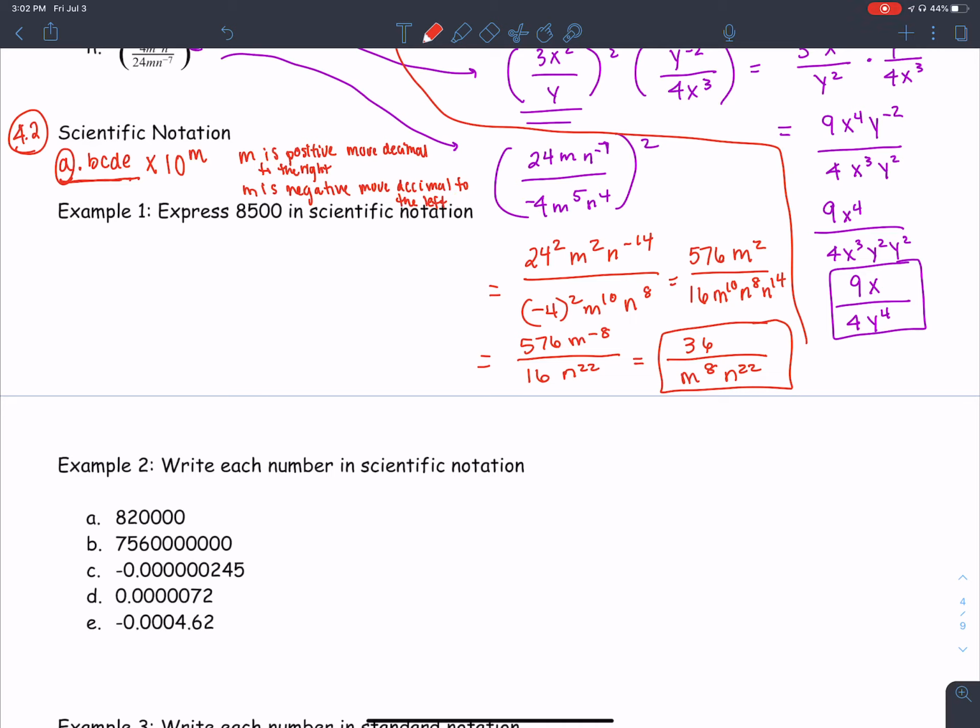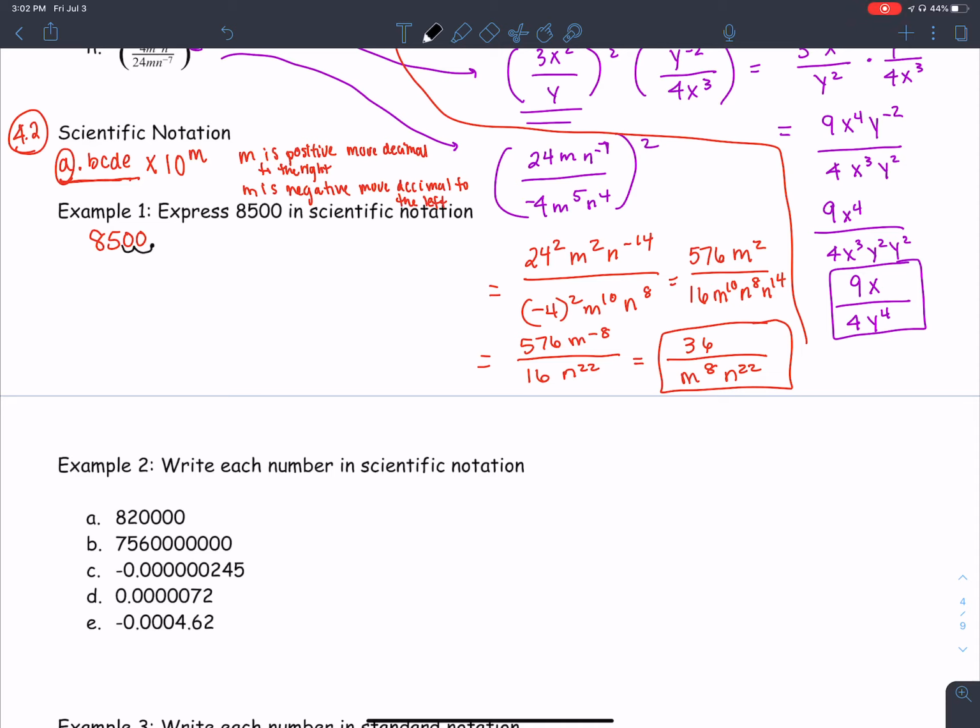Express 8500 in scientific notation. Again, in scientific notation you can only have one number in front of the decimal. Now you're probably asking, where is the original decimal? In the number 8500, the decimal is originally where the number stops. To write it in scientific notation, we move the decimal to where we only have one number in front of it.